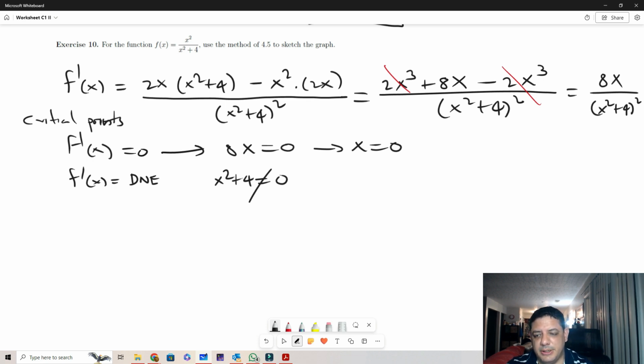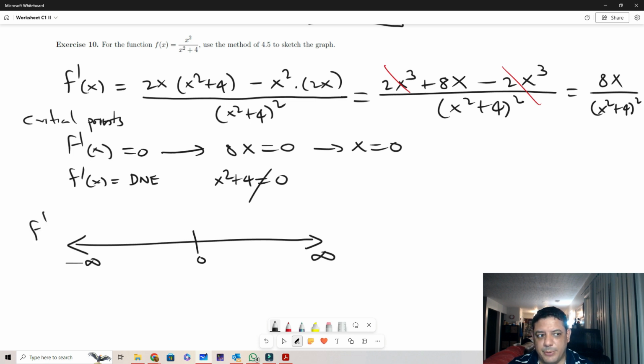Now let's analyze what happens in the intervals. According to the fact that we only have one critical point, we can split the real line between minus infinity to 0 and 0 to infinity. Now we can test certain points to look at the behavior of f'. Notice that the denominator is always going to be positive, so the sign is just going to depend on the numerator. That means that over here is positive and over here is negative.